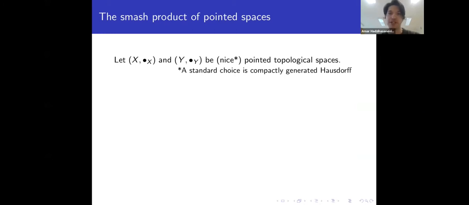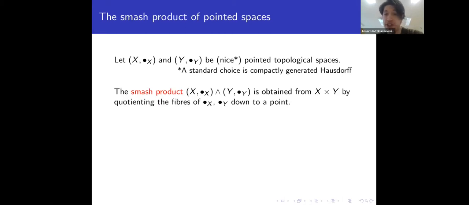So let's talk about the smash product of pointed spaces. So take two pointed topological spaces, and in all this talk, I'm going to be restricting myself to nice topological spaces in the homotopy theorist's sense. So, for example, compactly generated Hausdorff spaces.